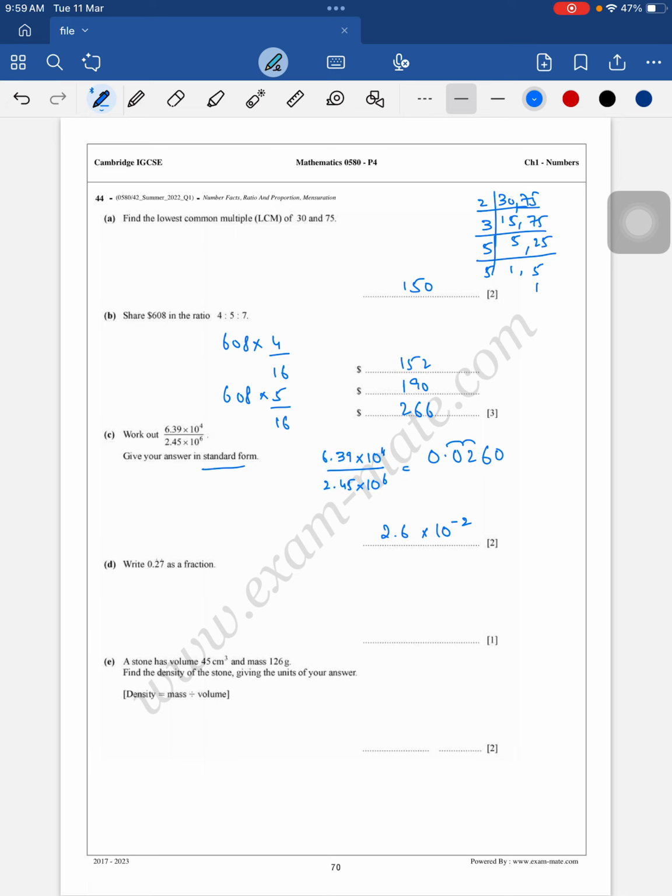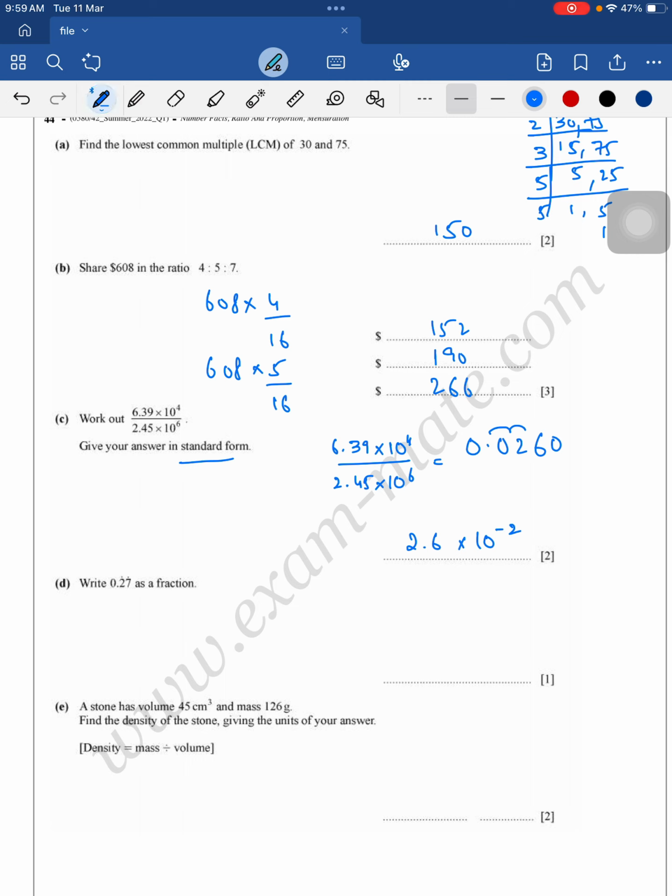Clear? Okay, write 0.27 recurring as a fraction. This is a topic which is included in O levels this time. So 0.27 recurring, right? What we need to do in such a type of question: first step is we saw that both the numbers are repeating.